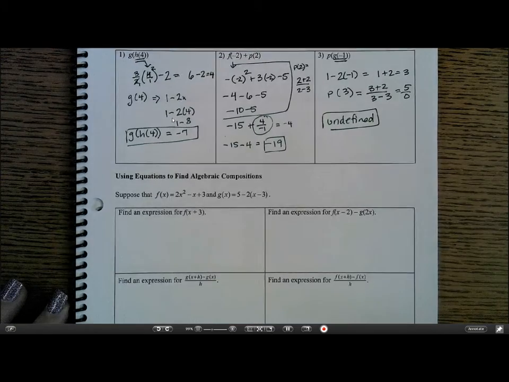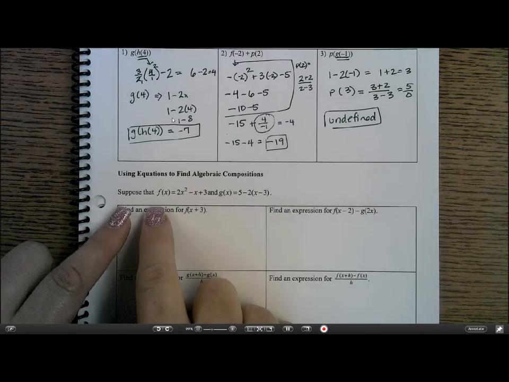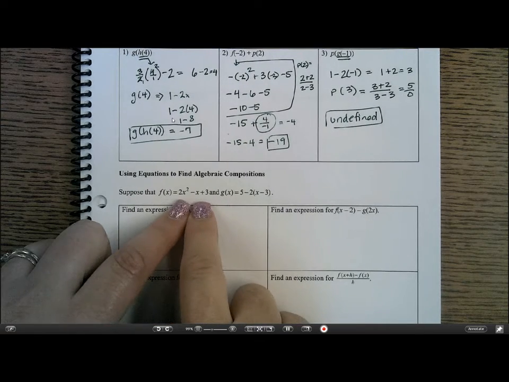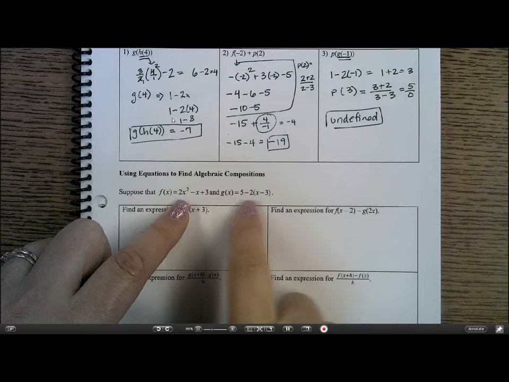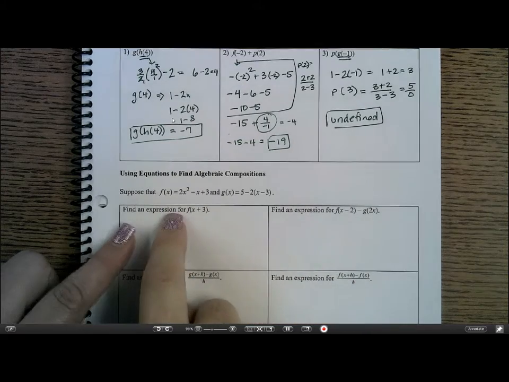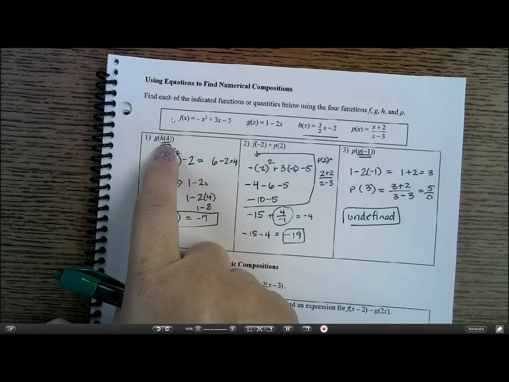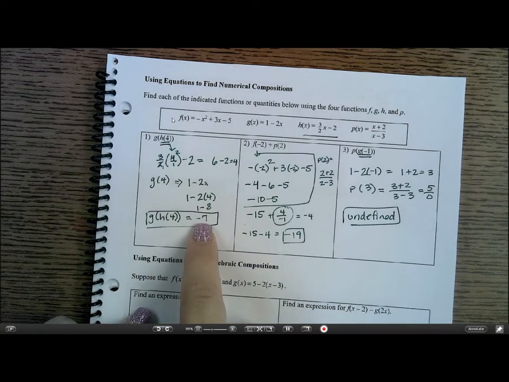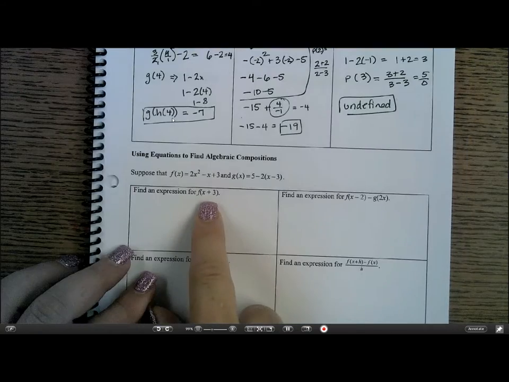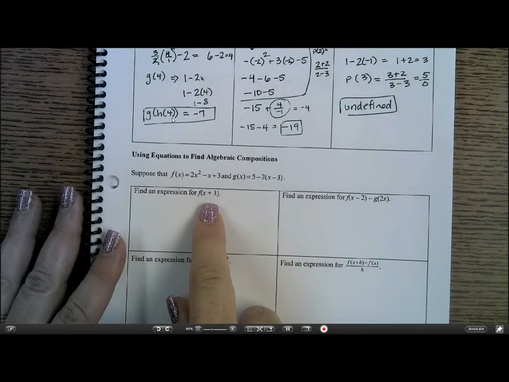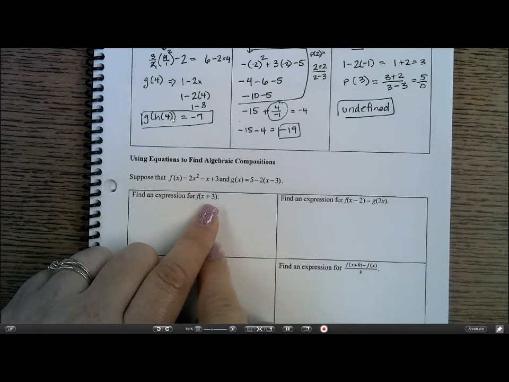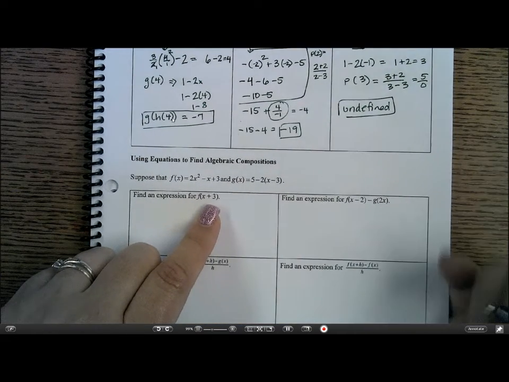All right, so here now we have, suppose f of x is 2x squared minus x plus 3, and g of x is this function. Find an expression. So I want you to pay attention. If you plug in numbers, you get numbers. If you plug in letters, you're going to get letters. If you plug in letters and numbers, you're going to get letters and numbers.